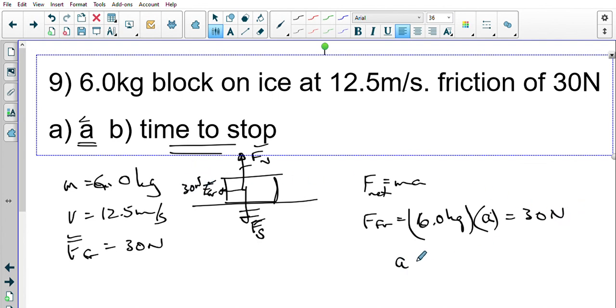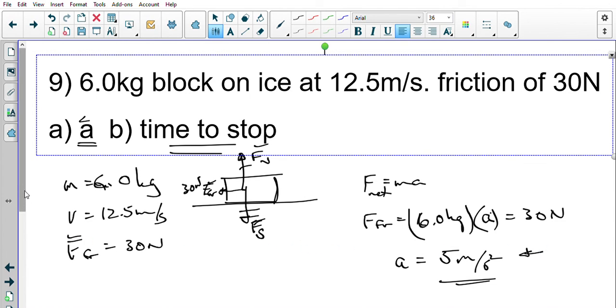Our acceleration then, 30 divided by 6, is going to be equal to 5 meters per second squared. And the thing is that it's going to be going in that direction. So that gets us the acceleration.